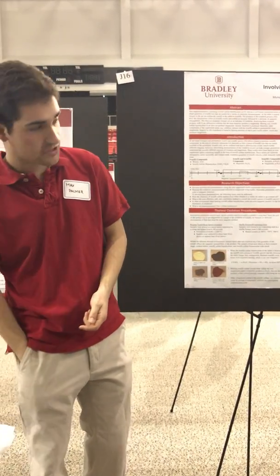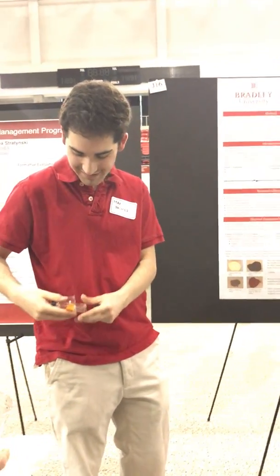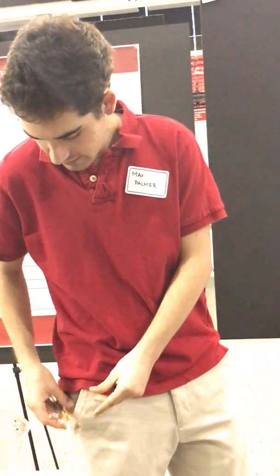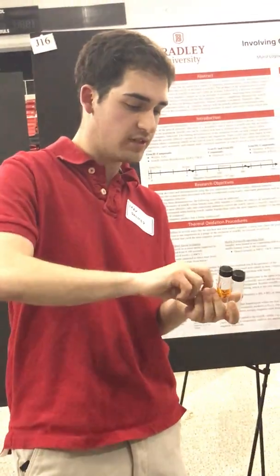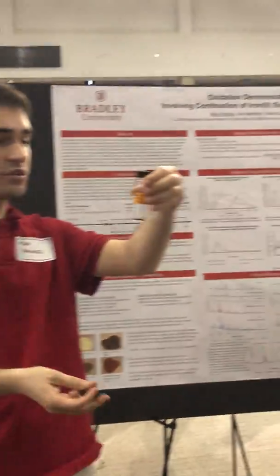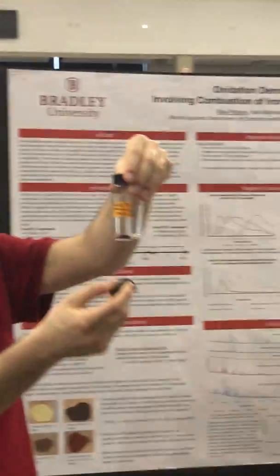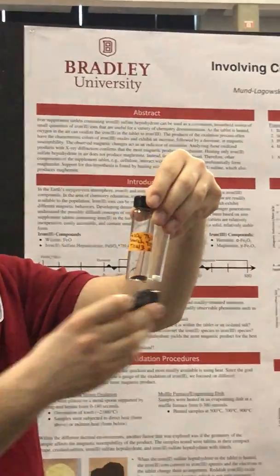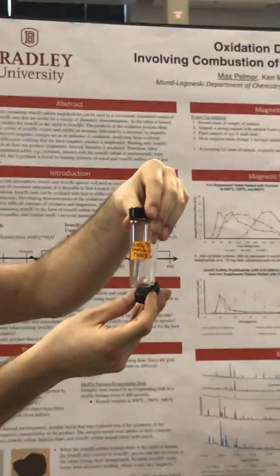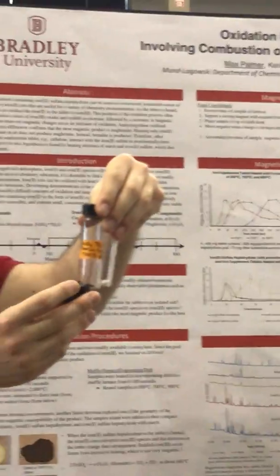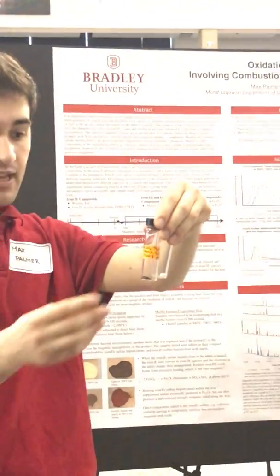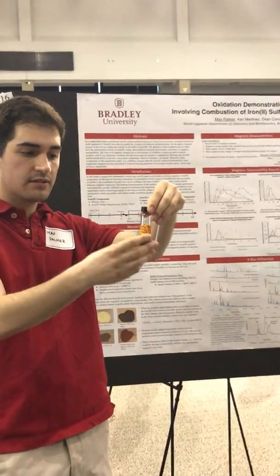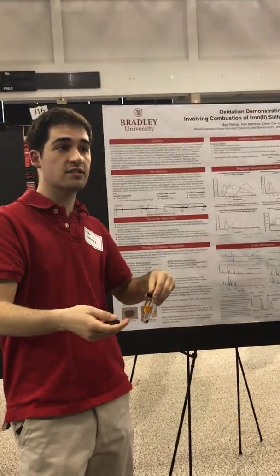So let me just break this out again. With a visual confirmation, we're seeing 2 different oxidation states of iron right here with the input of the magnet. Here we have all iron 2 plus ions, and here we have all iron 3 plus ions, and we can see oxidation.